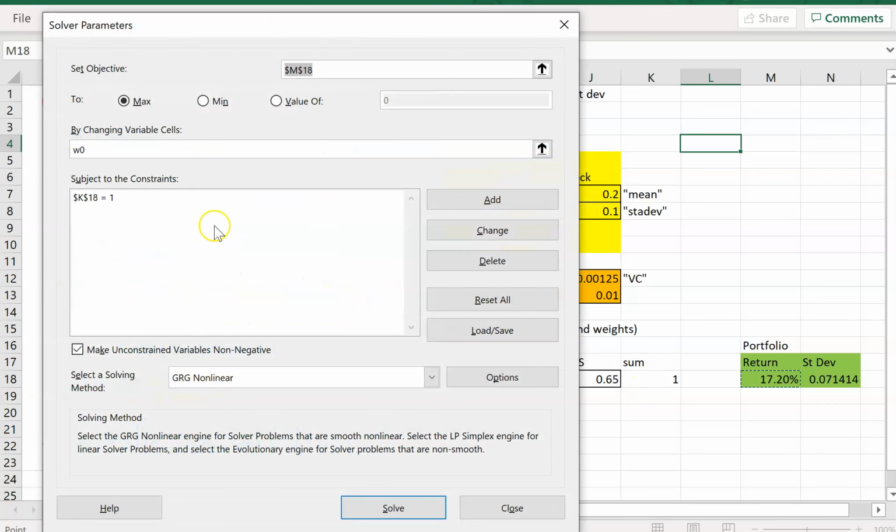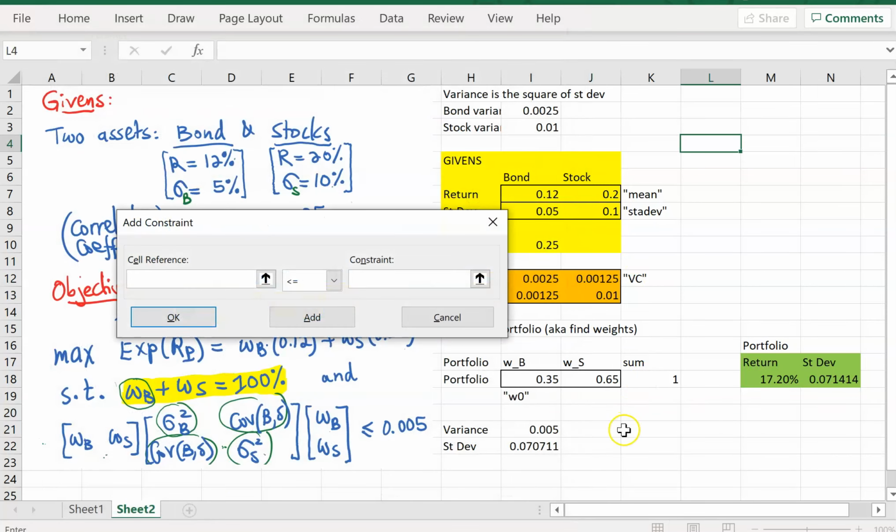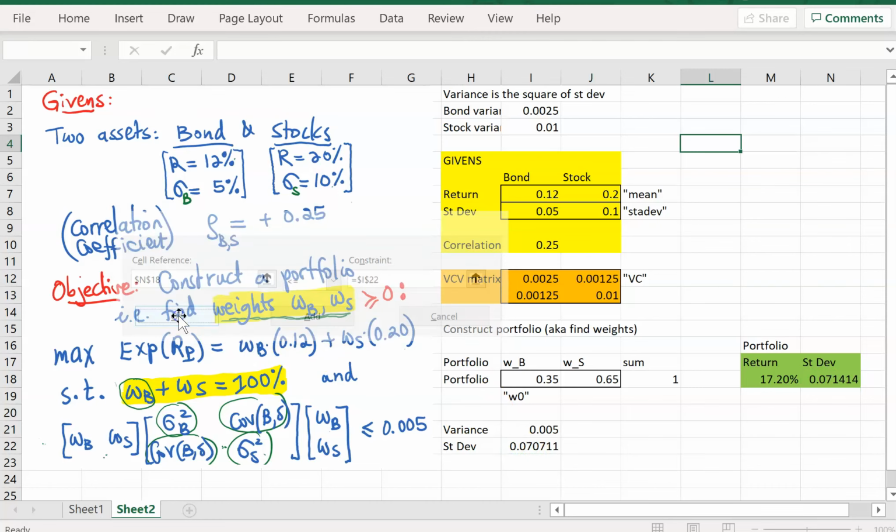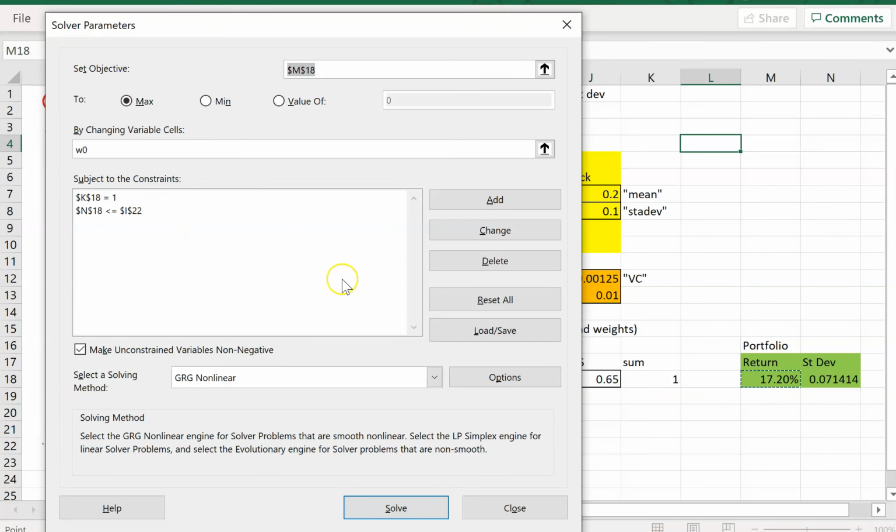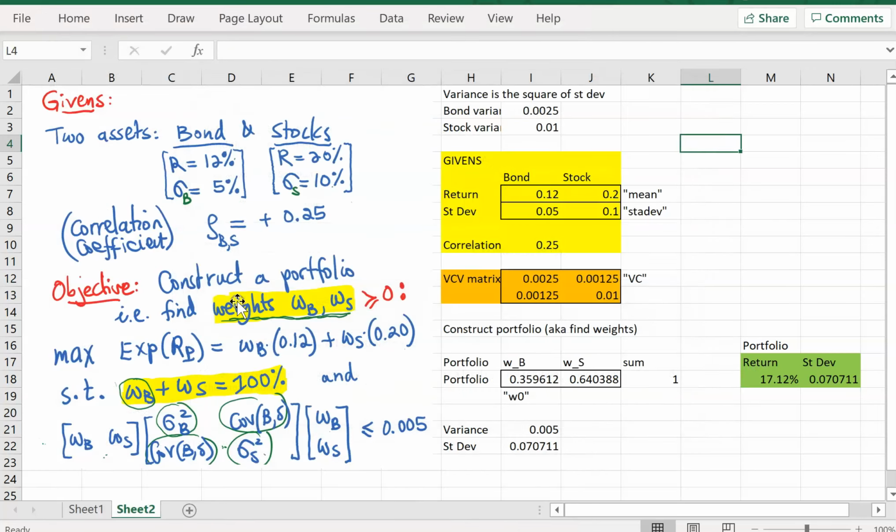And then I want to add the additional condition, which is the important condition, namely that this standard deviation never exceed this number. So our standard deviation, which has a formula underneath it, is less than or equal to this number. Does that make sense? Press OK. And that's it. Now we are ready to say Solve, and hopefully press OK.